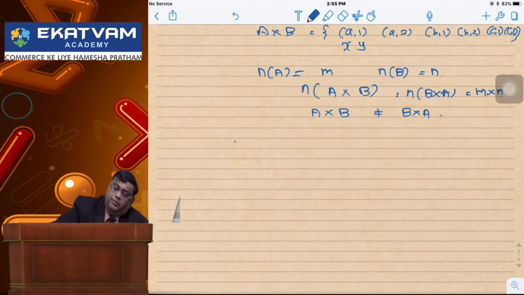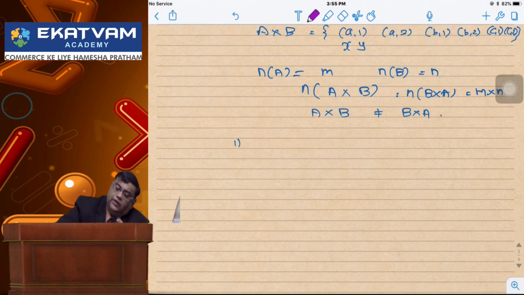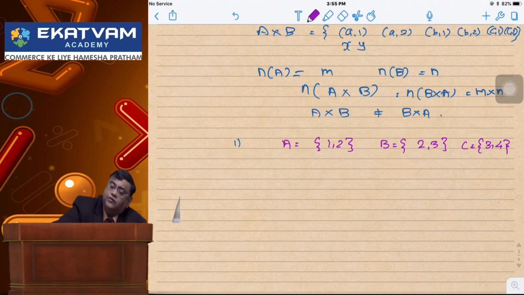Now the very popular problem based on this is, look, my question is, A equal to {1, 2}, B equal to {2, 3}, and C equal to {3, 4}. I ask you, what is A Cartesian product (B intersection C)?